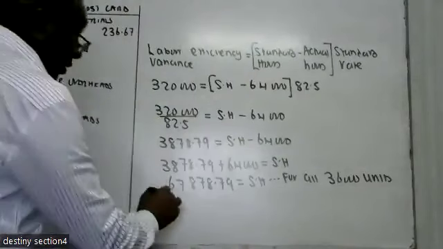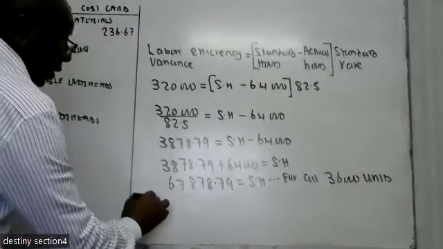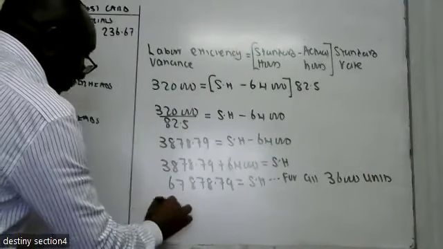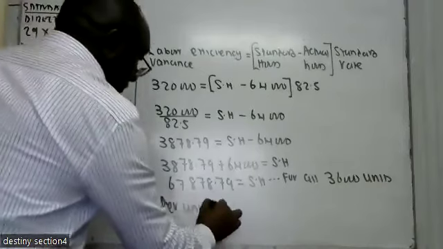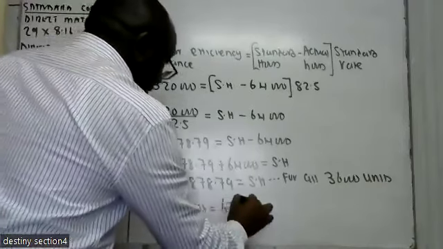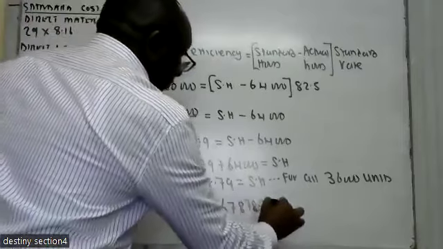So with that, we now see per unit, we are going to have 67,878.79.